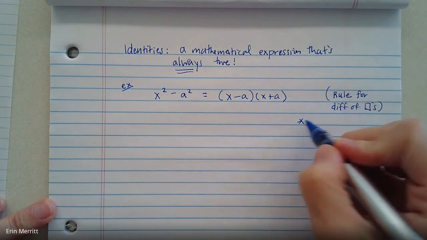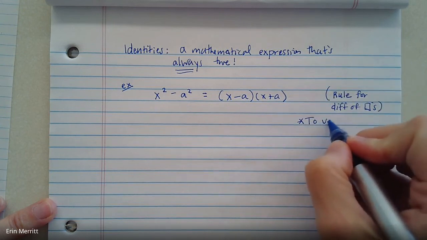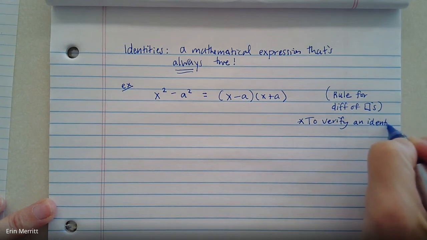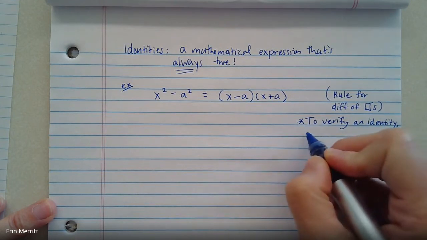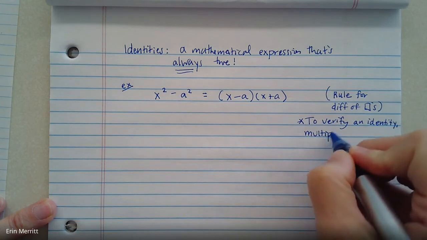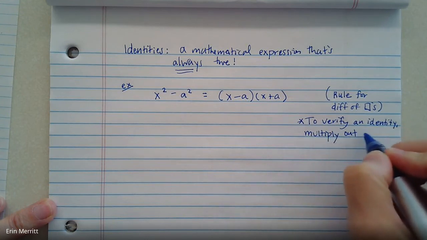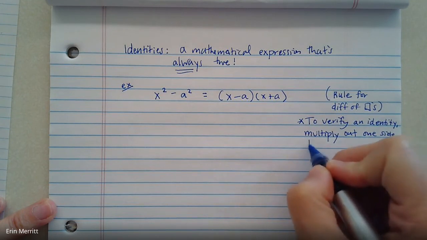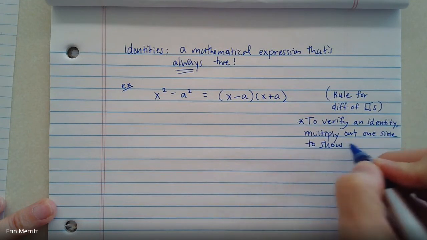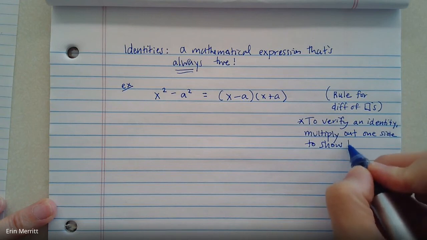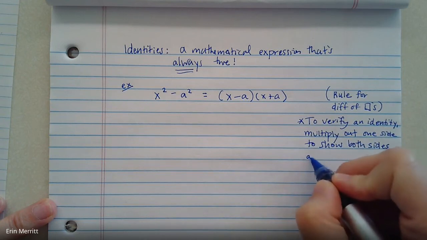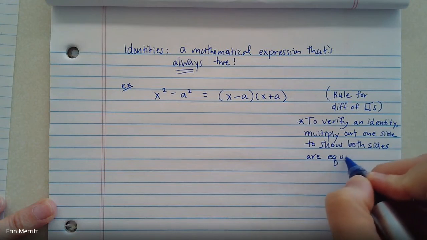So the idea is to verify an identity: multiply out one side to show both sides are equivalent.